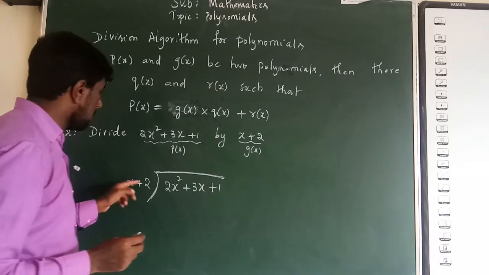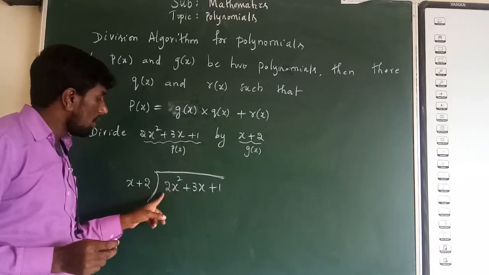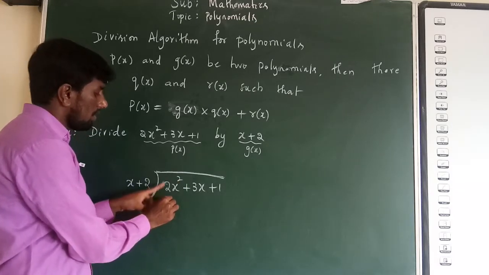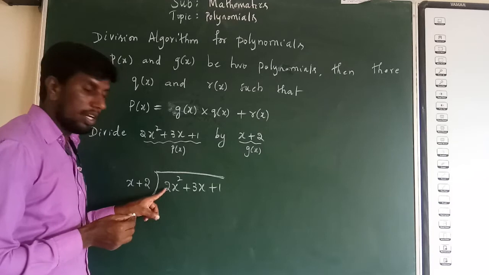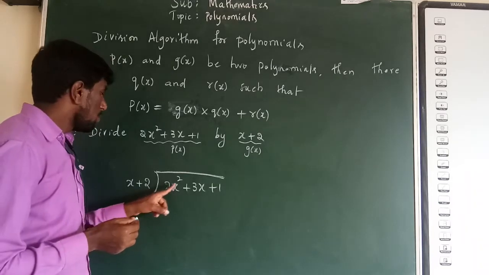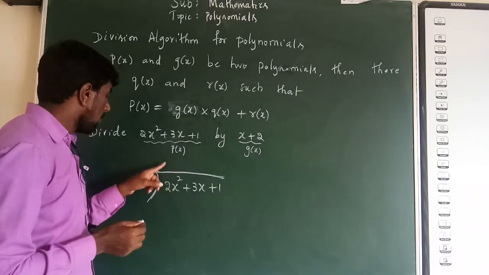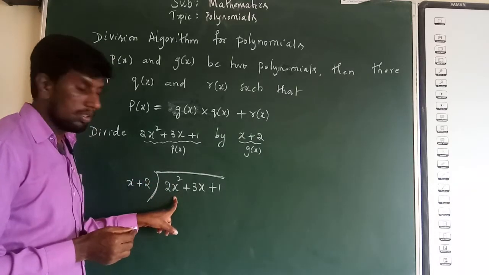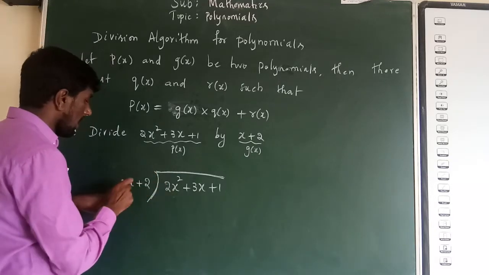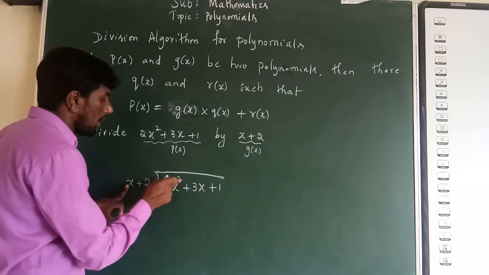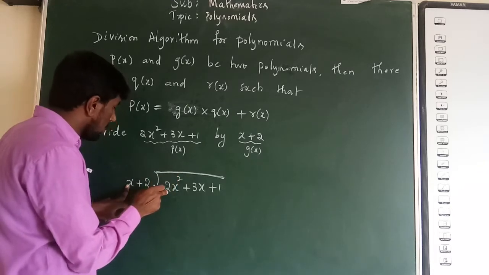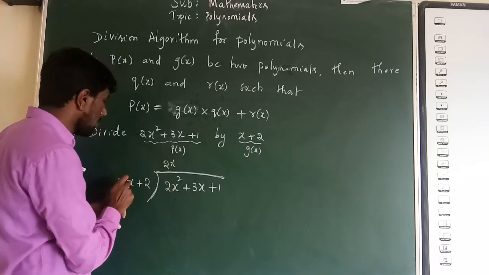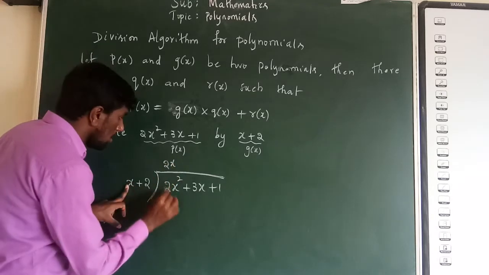To divide that, I should get the same value here, 2x square, with the same sign also. Here I am having a positive sign, so here also I should get the positive sign. From which value should I multiply with x so that I get 2x square?